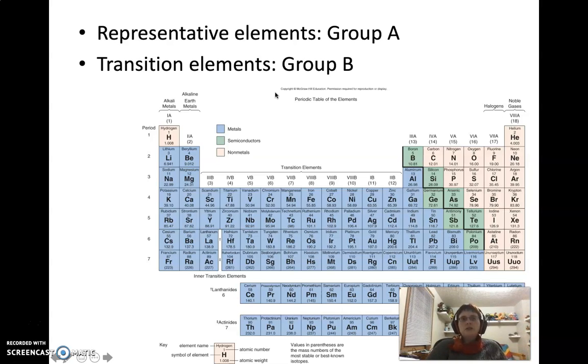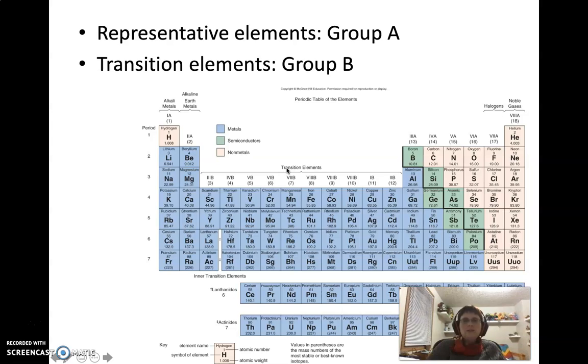Well, there are actually 2 groups. We've got representative elements, which make up group A. If you look along the top here, we've got 1A, 2A, and then if you skip over here, here's 3A, 4A, 5A, 6A, 7A, 8A. These are what we call the representative elements.